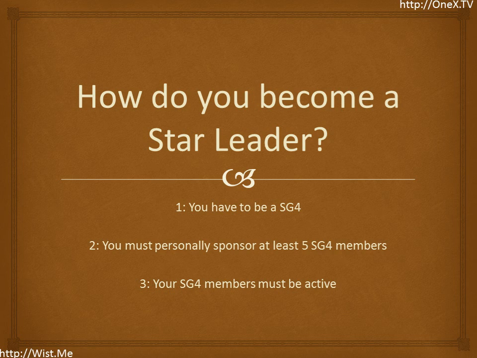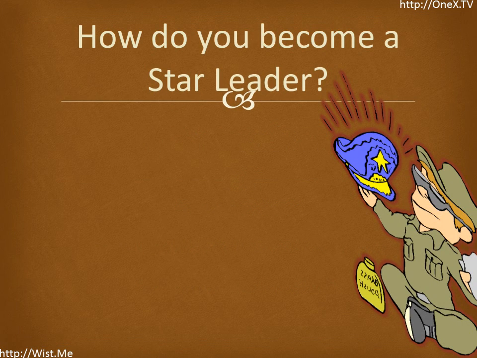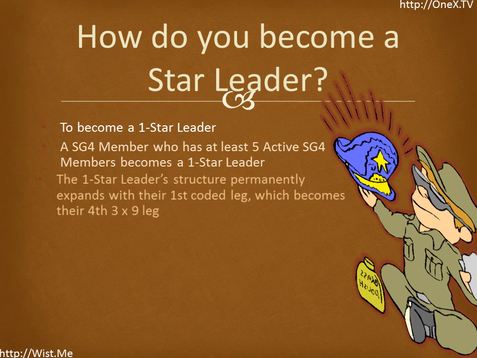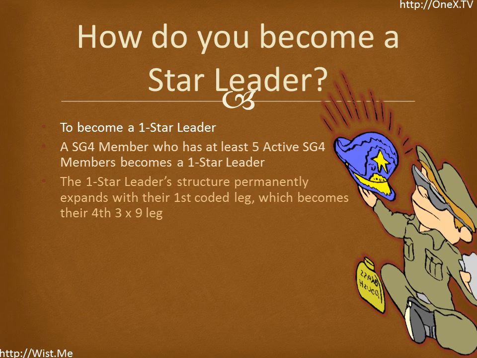And of course, your Stargate 4 members must be active, which means that they are selling, they are buying, they are active. Now to become a 1-star leader, you have to have at least 5 active Stargate 4 members.